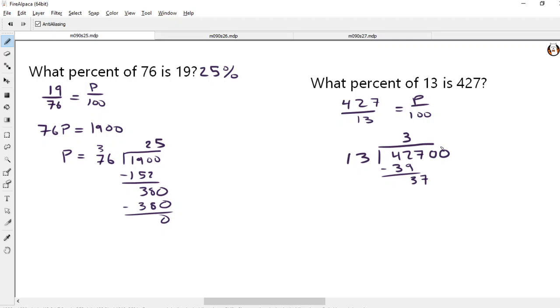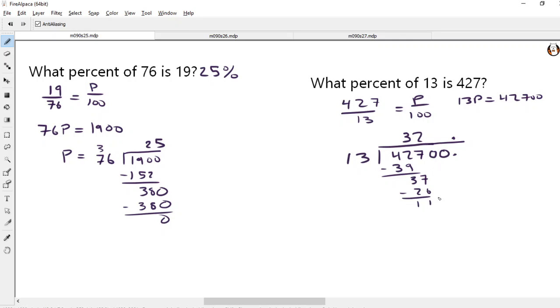So I'm actually just going to multiply that by 100. 13p is 42,700. This is going to come out being something very high, so I don't want any confusion there.